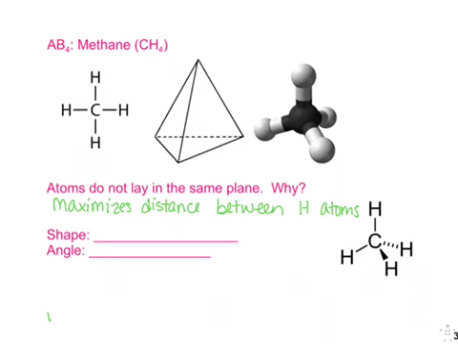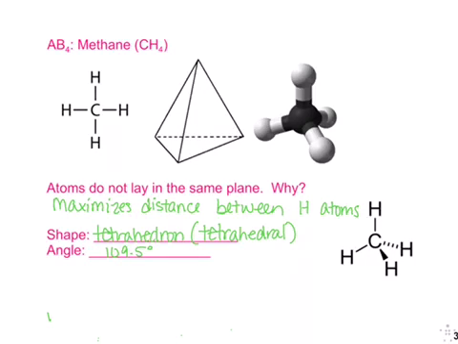This shape is referred to as tetrahedron. Sometimes it's also called tetrahedral. Same thing. And your bond angle here is 109.5 degrees.